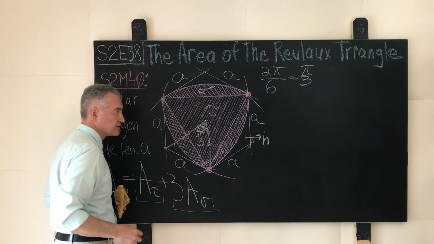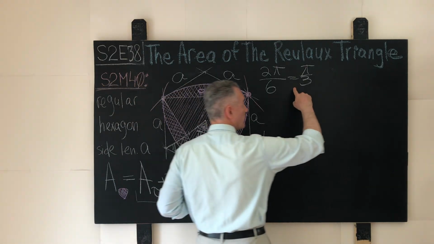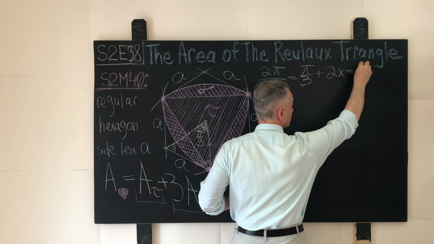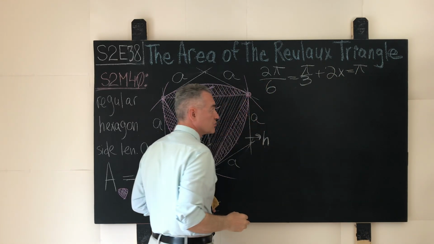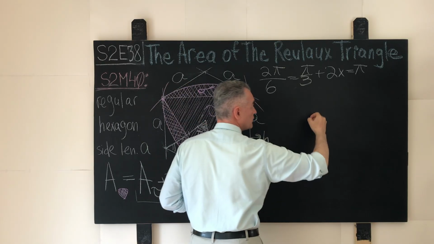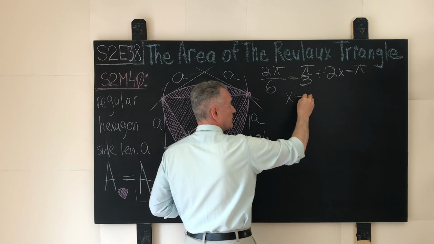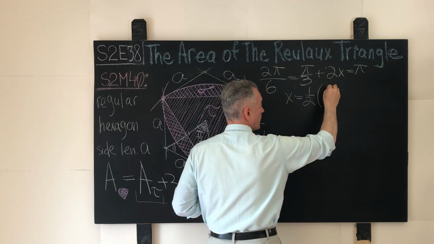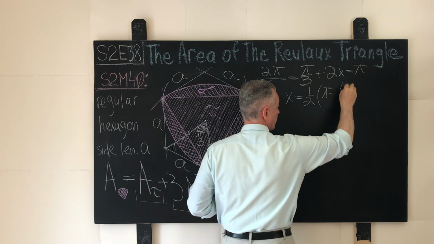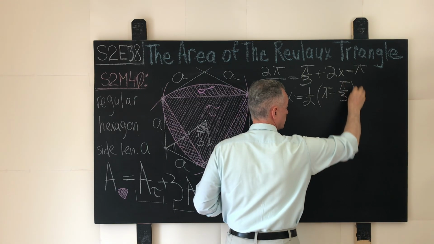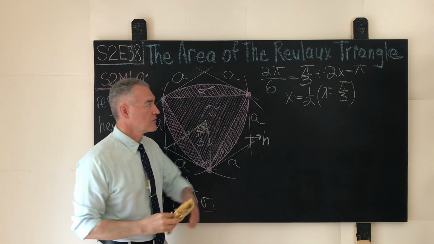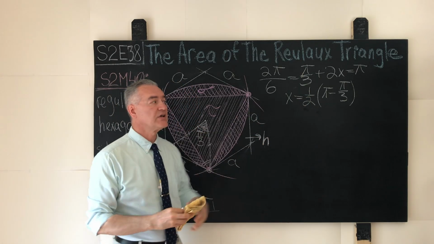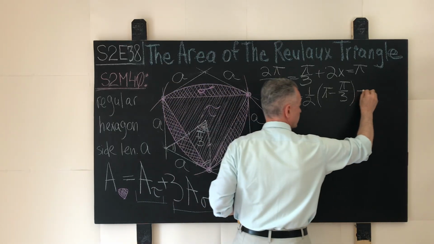Let's say this angle is x. So what do we have? Pi over 3 plus 2x equal to pi, from where it follows what? From where it follows that x is equal to 1/2 of pi minus pi over 3, which is what? 2/3 of pi times 1/2, exactly again, pi over 3.